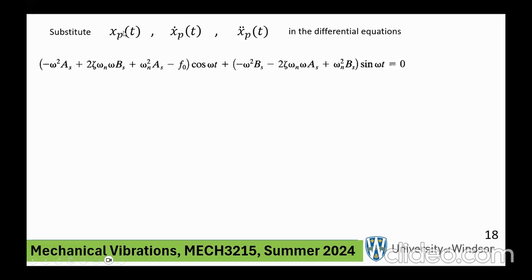There is no magic way. You just have to take these, stick it in that equation, and collect terms. So we have something involving cosine of omega t, this big bracket, something involving sine of omega t, this big bracket, equal to 0. And this is supposed to be 0 for every t. The only way that can be true for every t is if this bracket is 0 and that bracket is 0.